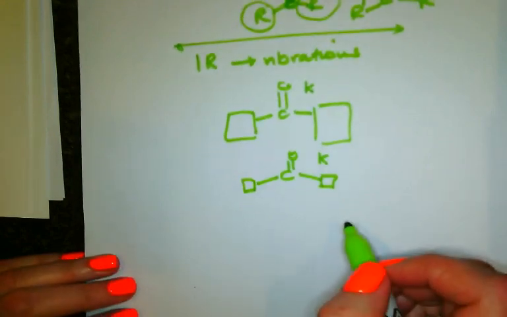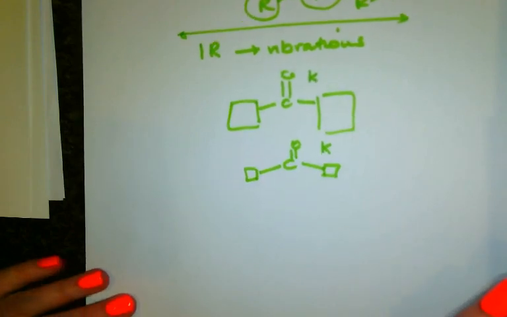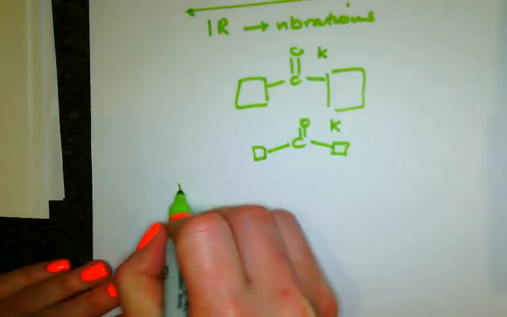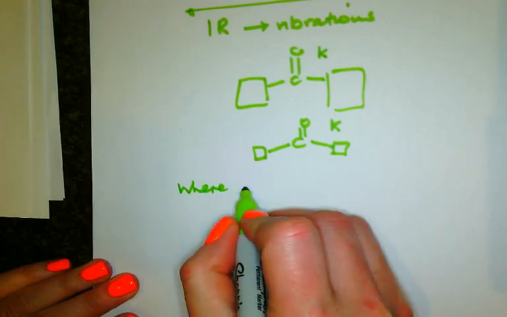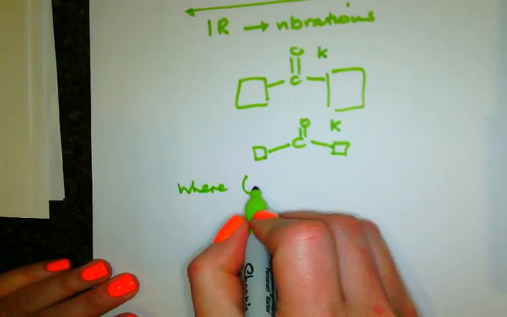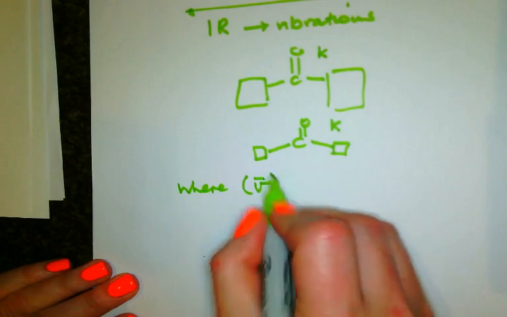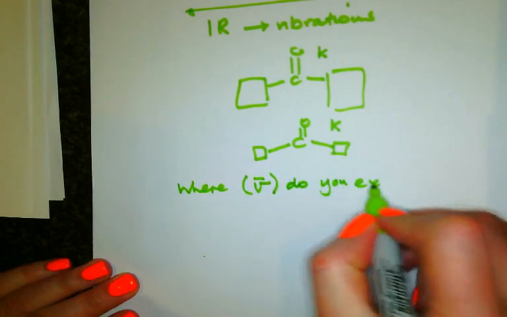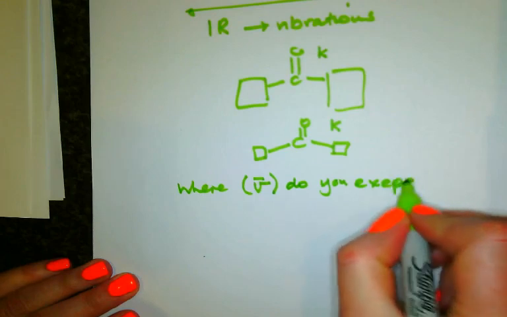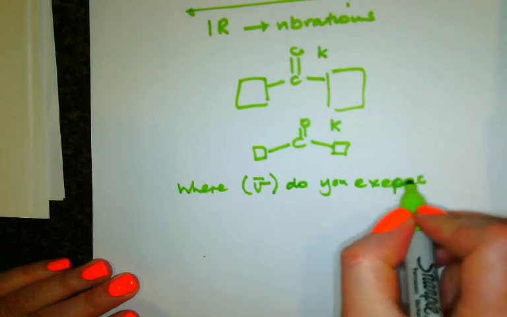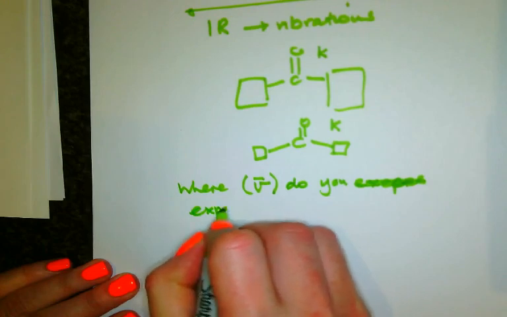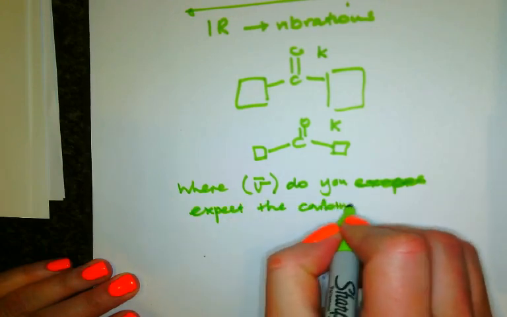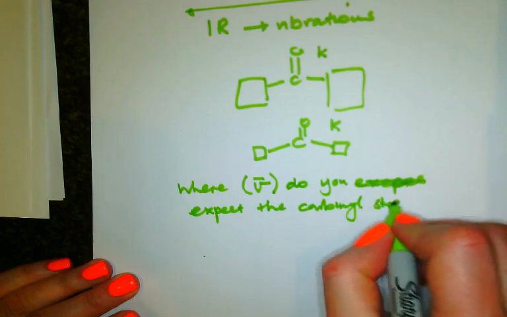The next thing that I want to ask you to do before you come to the lab is to answer this question: at what wave number do you expect, sorry guys, I can't spell expect, the carbonyl stretch?